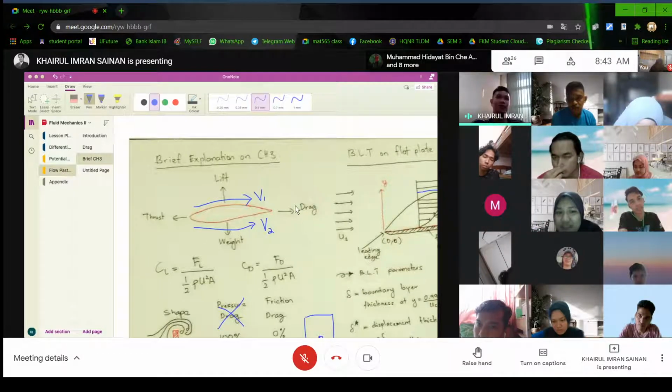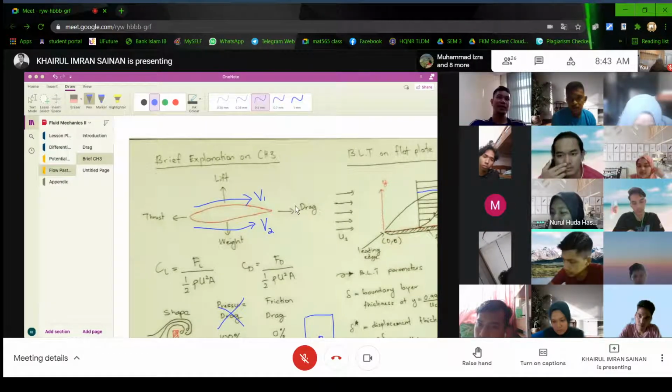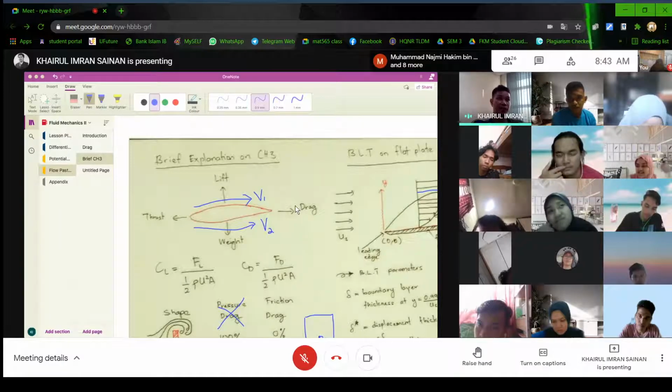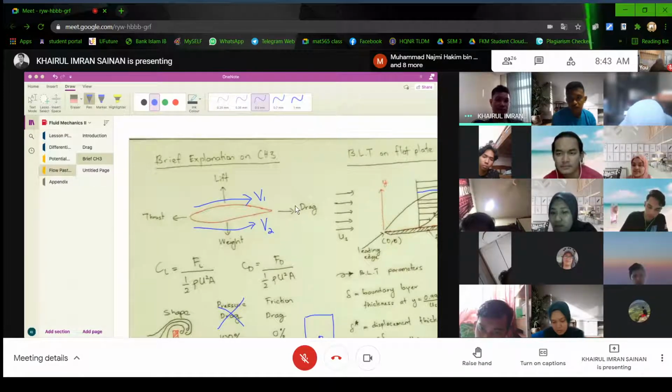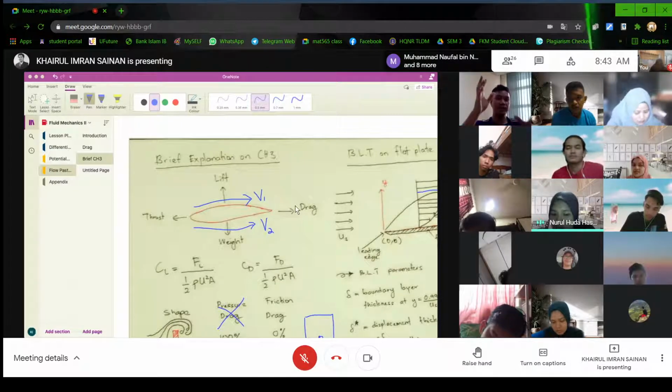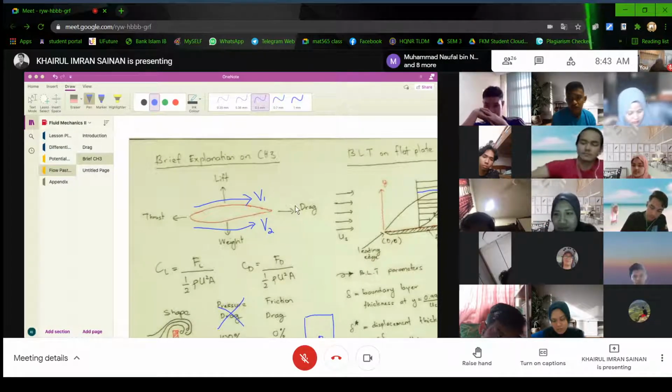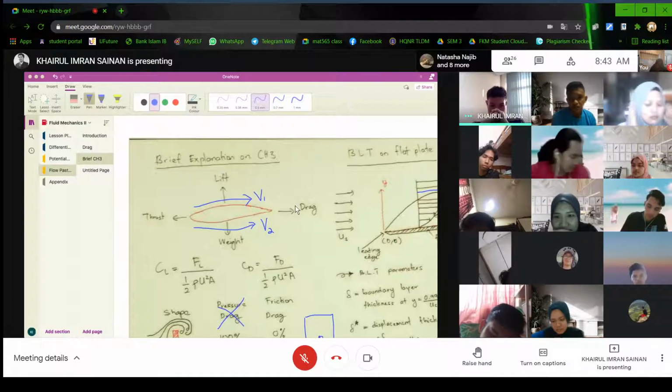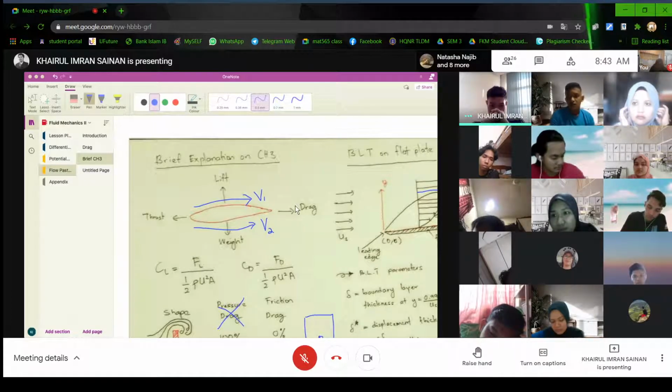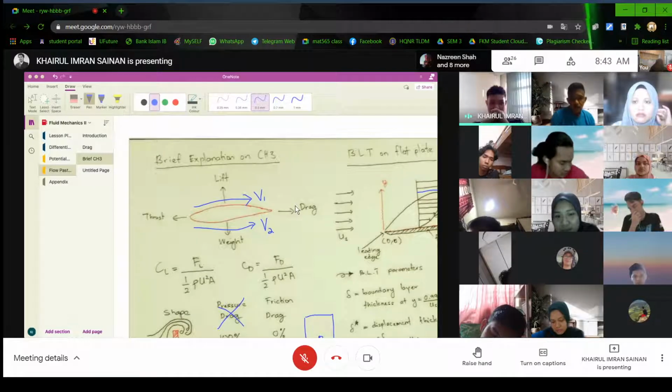Try to think of when you have higher velocity, pressure is reduced. That's the concept. So what do you think, in order for us to achieve lift?